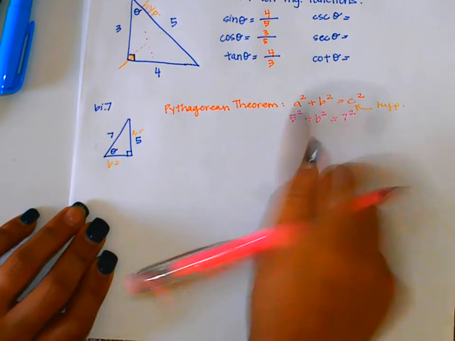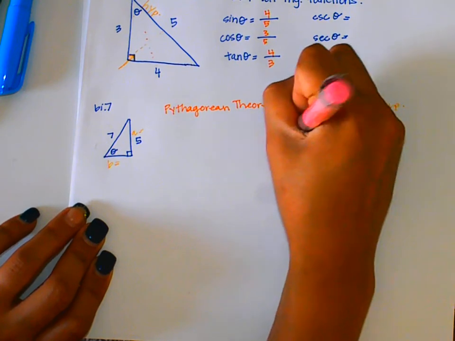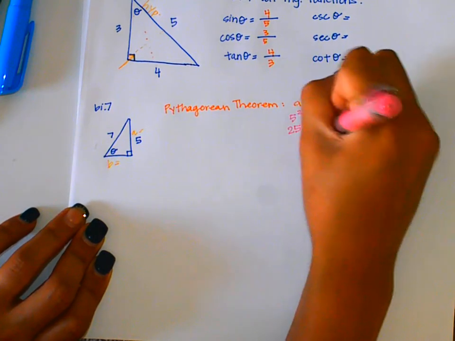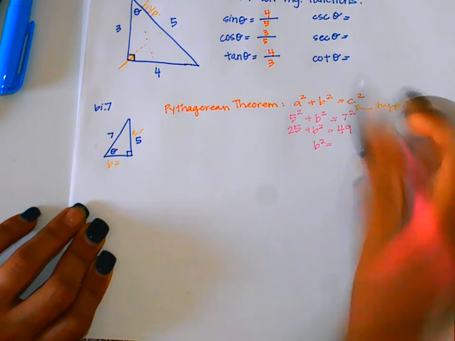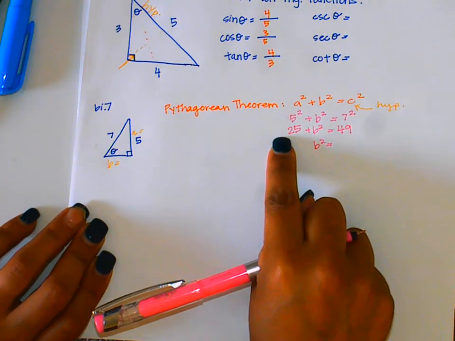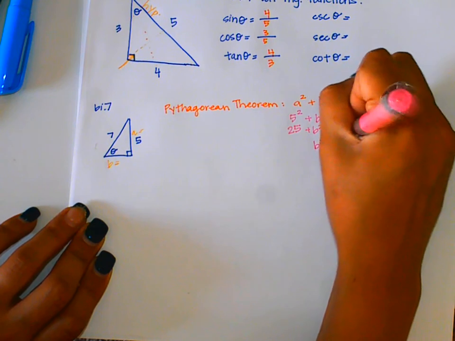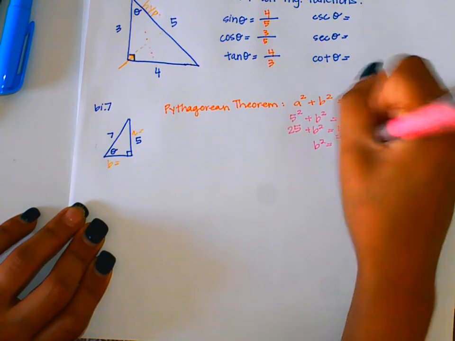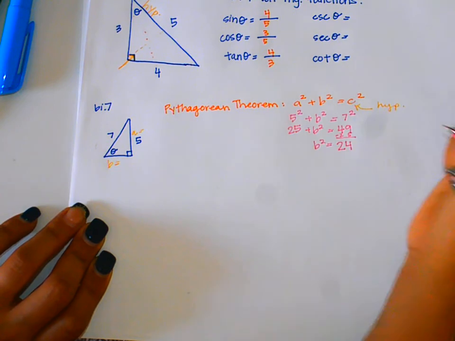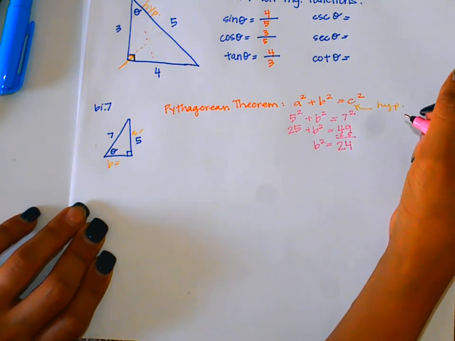So 5 squared is 25, plus b squared is equal to 7 squared, which is 49. So b squared is 49 minus 25, which gives me 24.